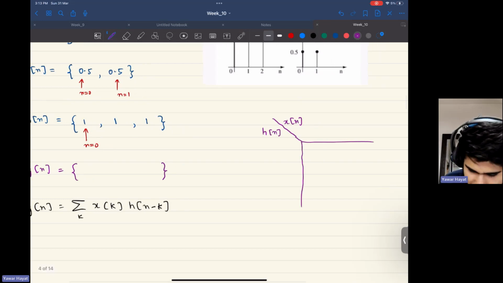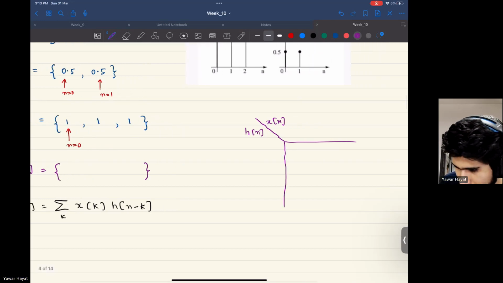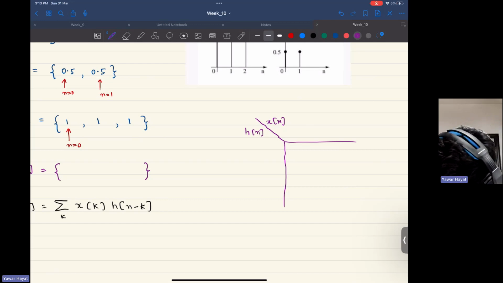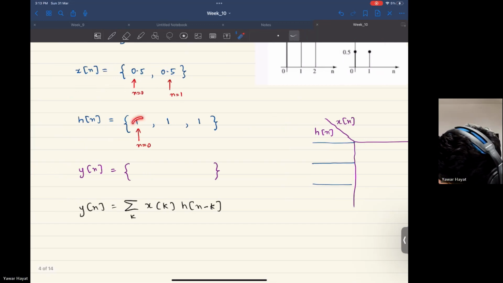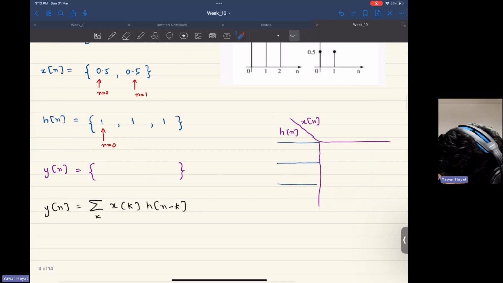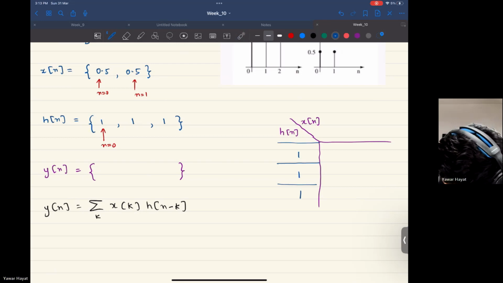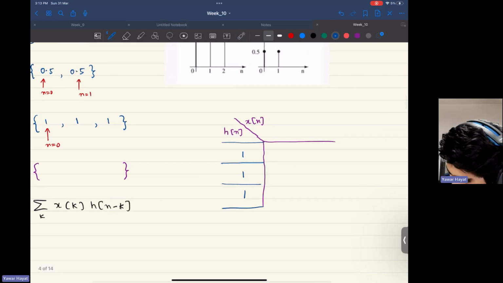So the idea is the row entries will be the h of n values, so we have 1, 1, 1, corresponding to the 3 h of n values. Then my column entries would be x of n.